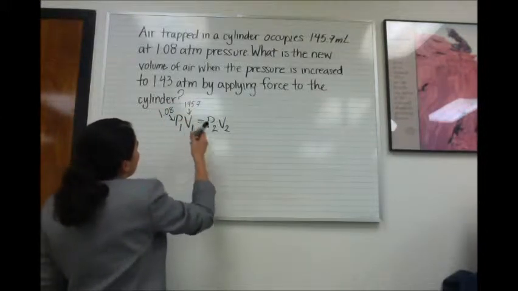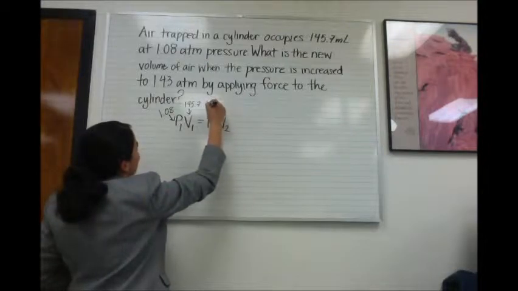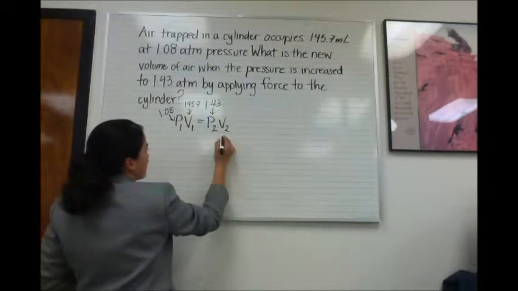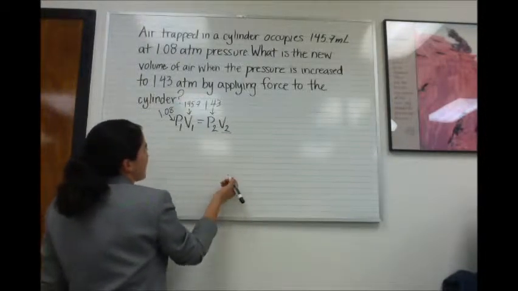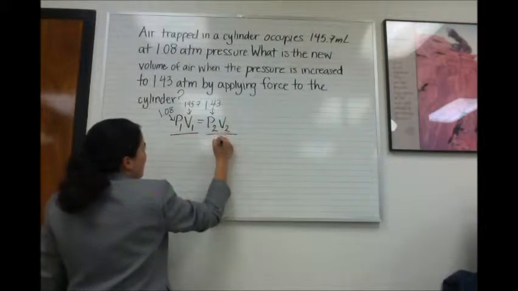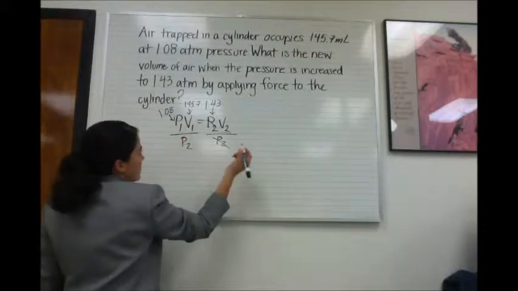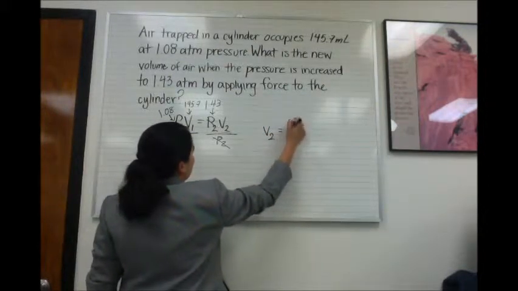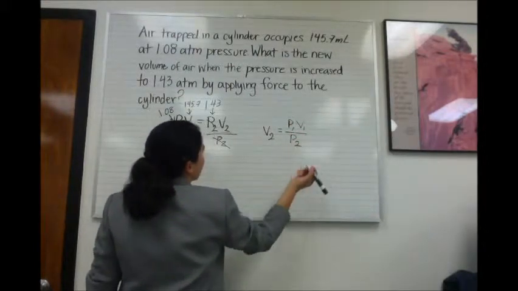Our second pressure is 1.43, and it's asking us to find V2. In order to do this, we need to get V2 by itself, so we divide the entire equation by P2, and these cancel out, leaving us with V2 equals P1V1 over P2.